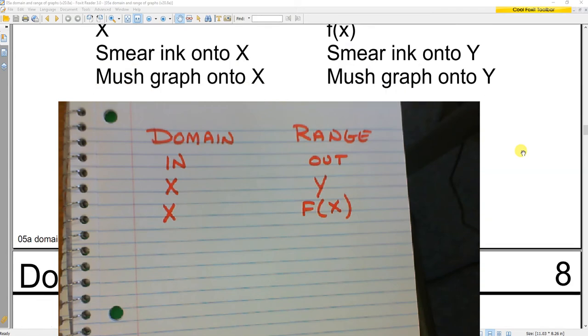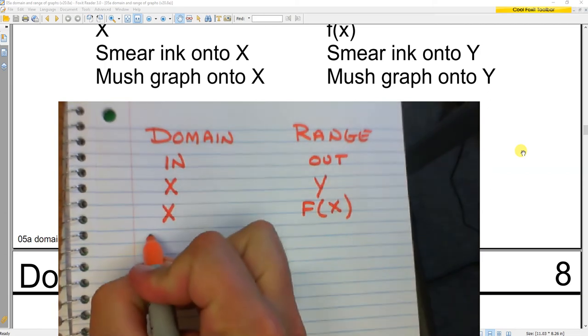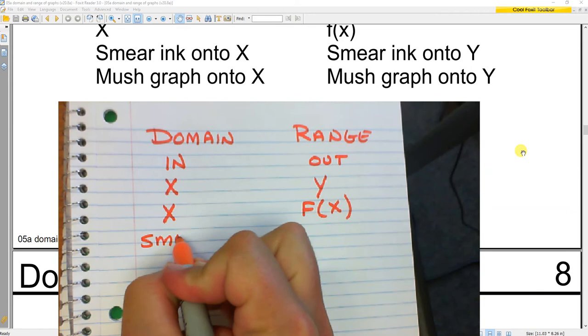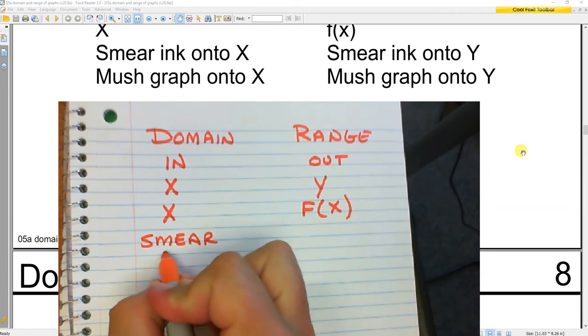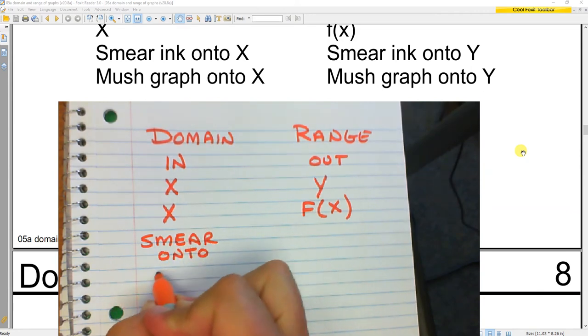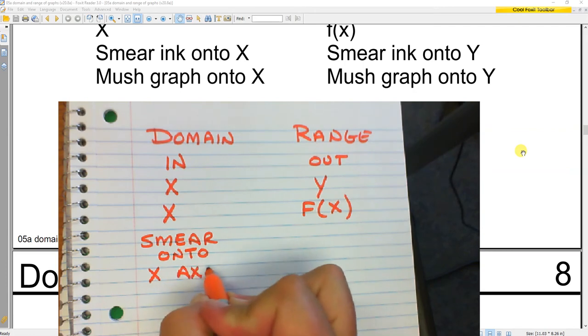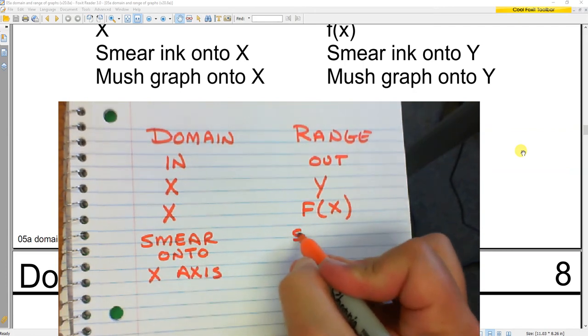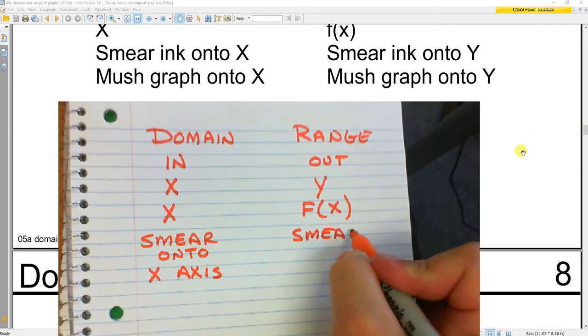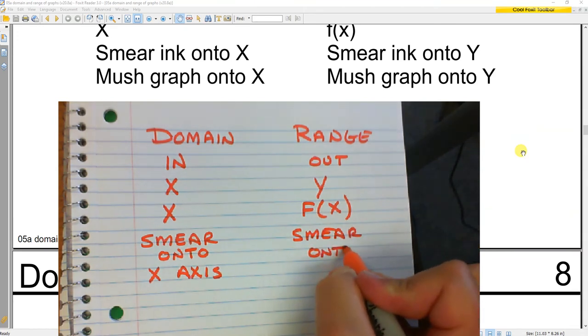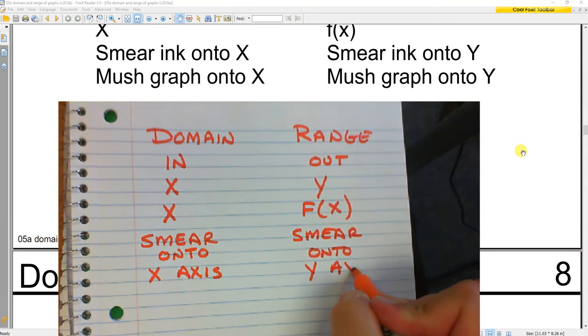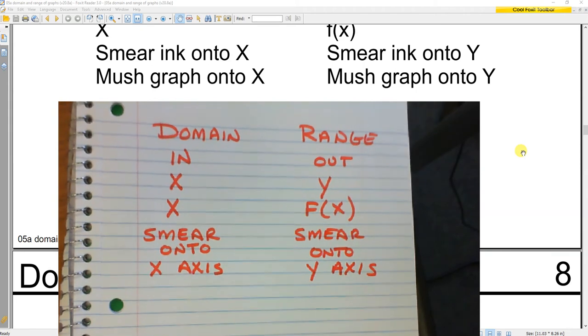And now this is the new one. Smear ink onto x. And this is going to be smear onto y-axis. And that will make sense in a moment.